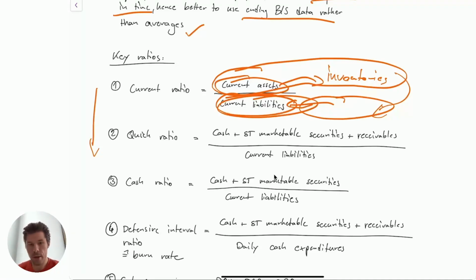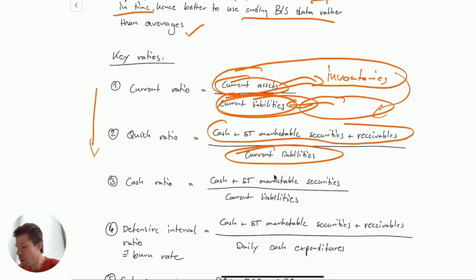So it really looks at what type of current liabilities, current obligations we have, and what kind of very liquid assets we have that we can exchange for cash. So the quick ratio will always be lower than the current ratio because the denominator has not changed, but the numerator has decreased because we have taken out inventories compared to the current ratio.